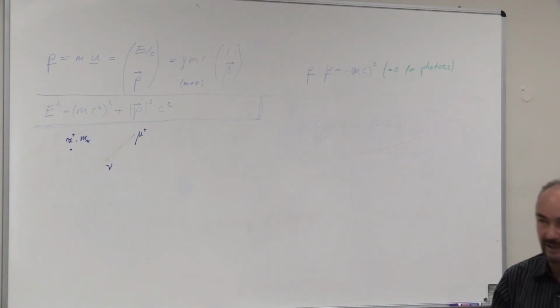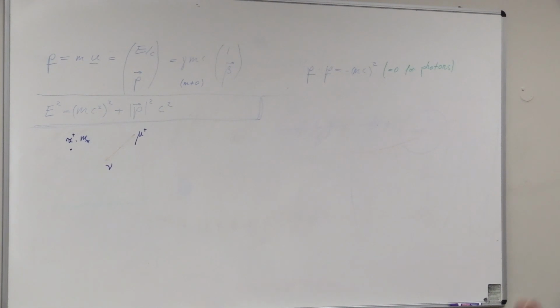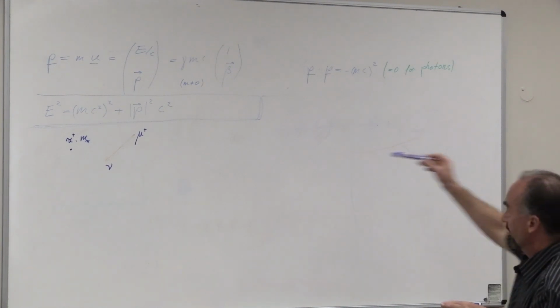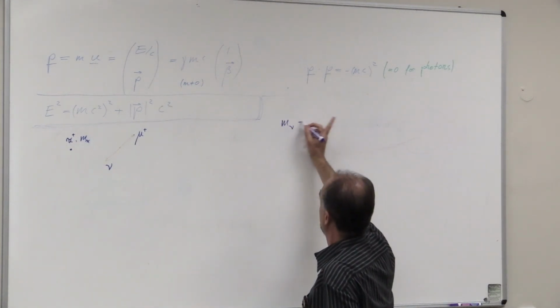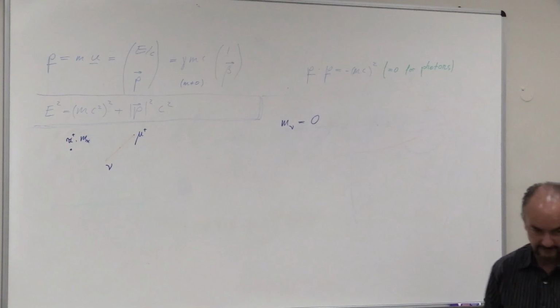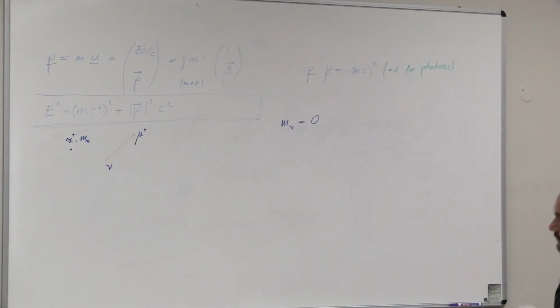It's just a different kind of particle, but also massless. Almost massless, we now know they actually have a little bit of mass, but for the argument here we can assume that the neutrino mass is 0, which is a good approximation.